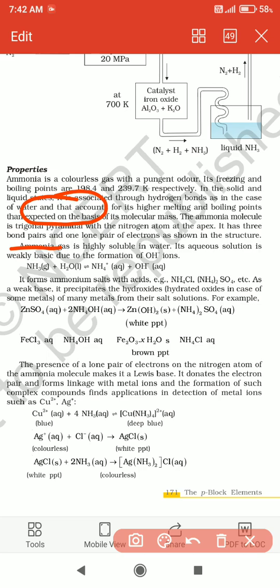While dissolving in water, the ammonia molecule produces ammonium ions and hydroxide ions, forming ammonium hydroxide.